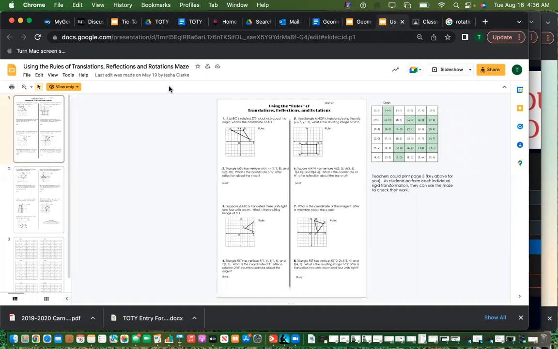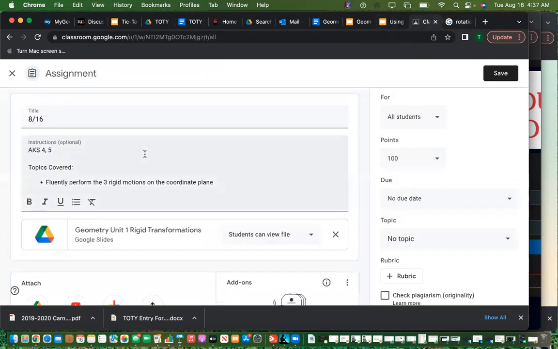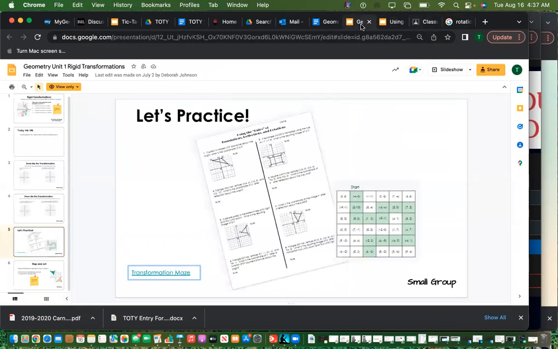So what I would like for you to do is get some practice on this. Oh, well, there's the key. I'm gonna give you the actual maze and then have those answers posted so that you can make sure that you're good to go.